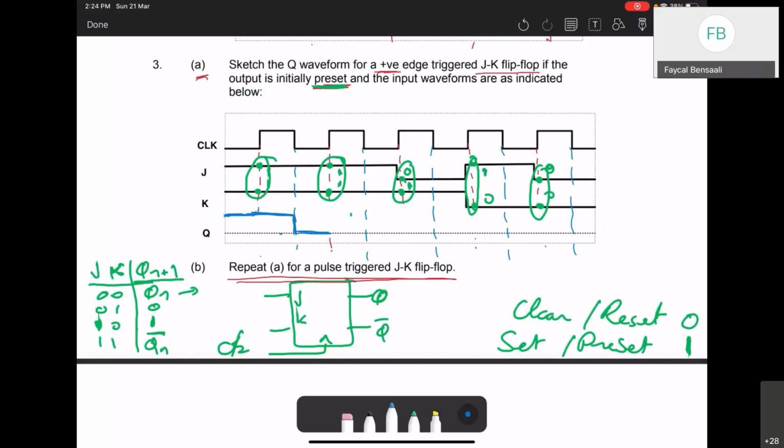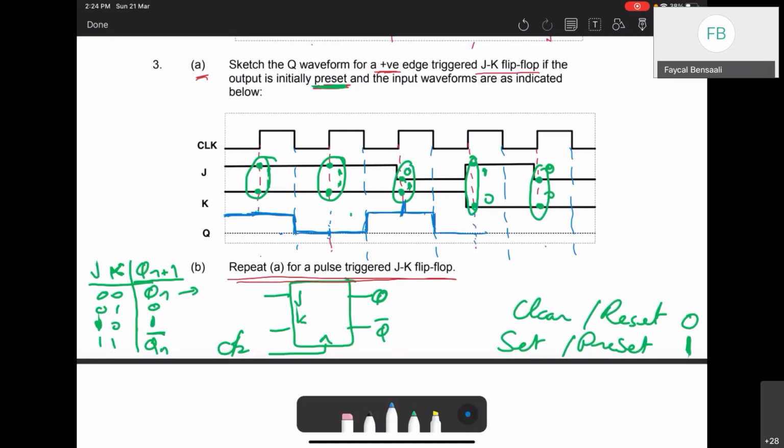Now I will continue. Again, I have 1, 1 at this positive edge, but I'm not going to update here. I need to continue at 0 until the next falling edge, and then I will update. So this should be 1. It's a toggle operation. Then again, we check J and K. J is 0, K is 1. Reset. I will do it on the next falling edge, which is here, and then I will keep it 0.